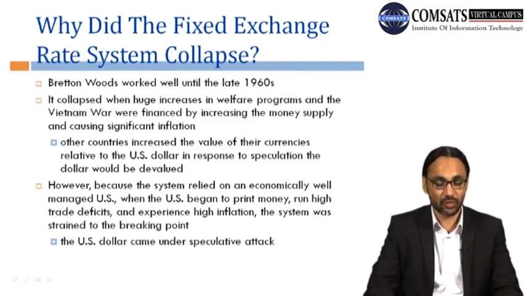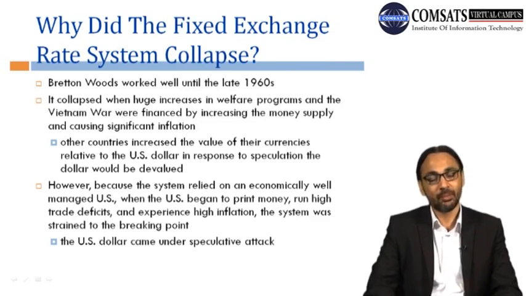So inflation rose from 4% in 1966 to 9% in 1968, and the overall import level of the USA was higher during that period, and the balance of trade was disturbed.